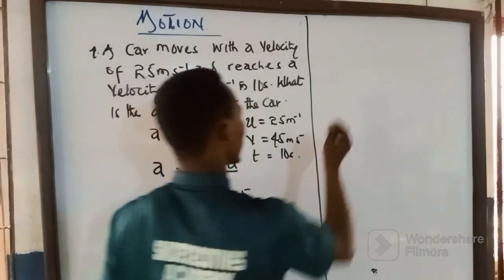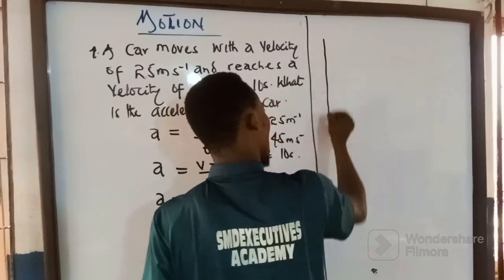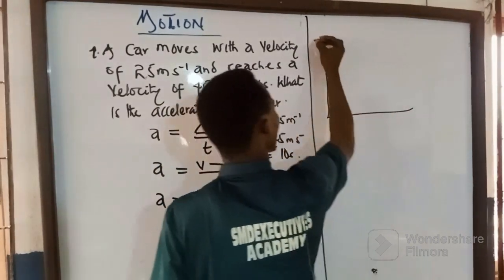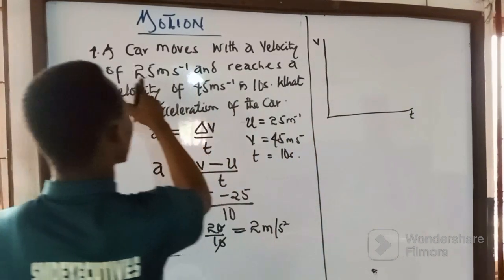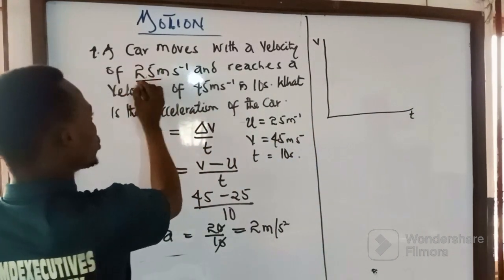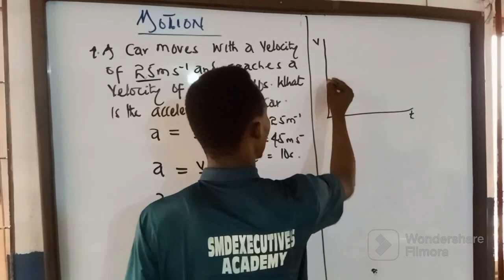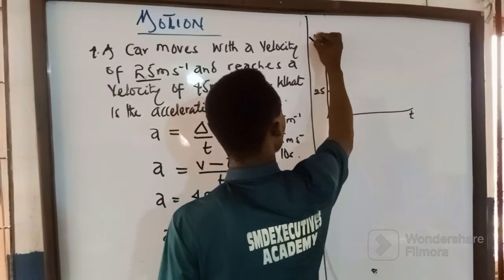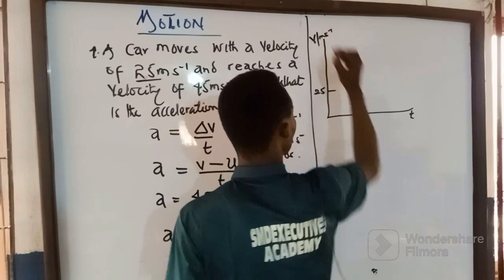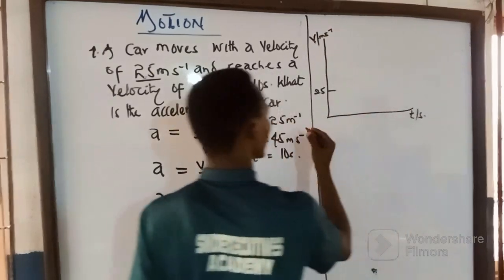We can also see the acceleration using a velocity-time graph. This is your velocity and this is your time. This car begins from 25 meters per second. So your velocity is in meters per second and your time in seconds.